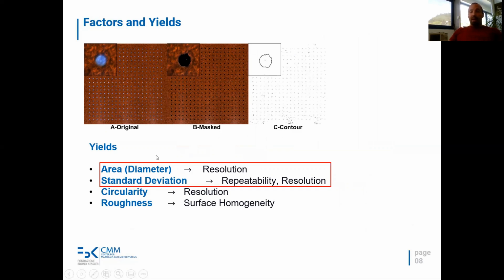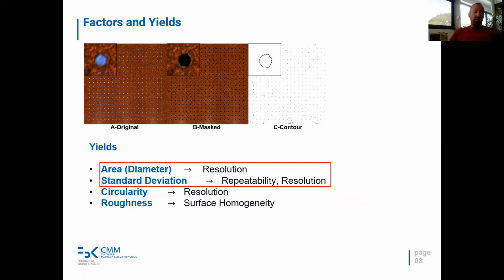Then we performed an image analysis using ImageJ. We masked the original high resolution image to determine the contour of the dots, and then we calculated the area of the dots, the diameter, and the standard deviation on this dimension.